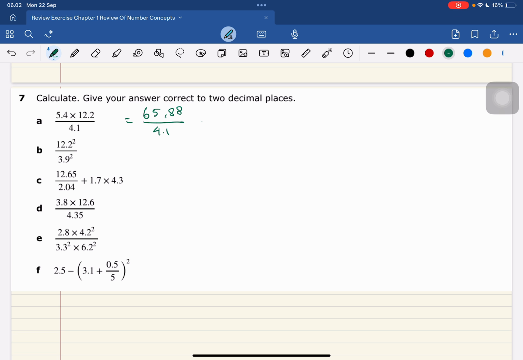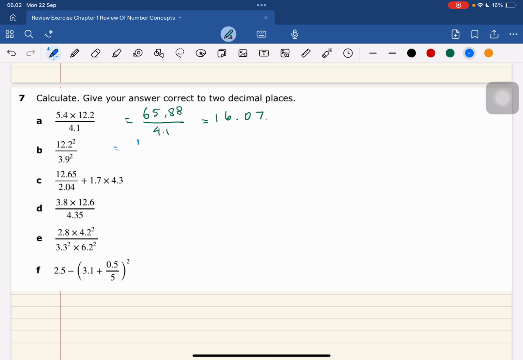And this answer is 16.07. Okay, next we got 12.2. We make it squared.